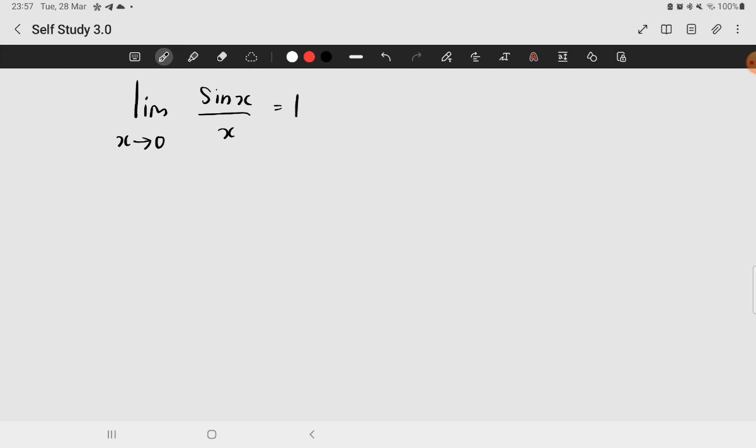Now, sorry, give me a second to find the definition. I would like to present it very nicely so that there will be no errors in my explanation. So, give me a second to find that particular theorem. Where is it?